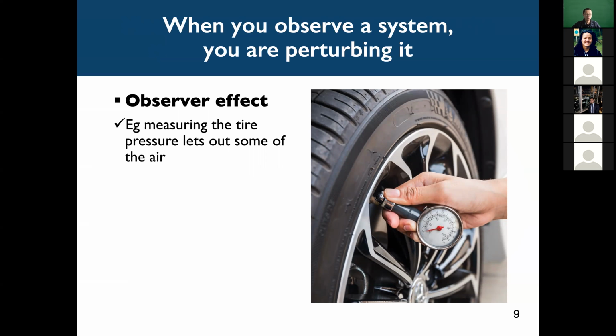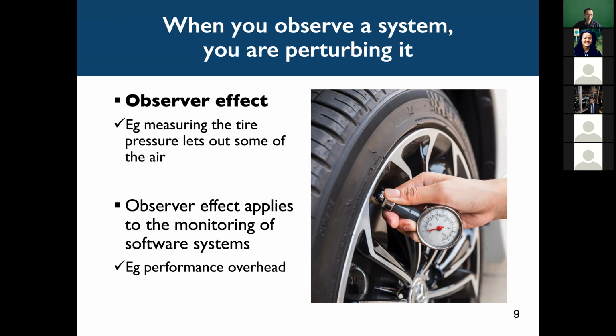For example, when you are measuring the tire pressure of a vehicle, you let out some of the air. That is the observer effect. The observer effect applies to monitoring of software systems.